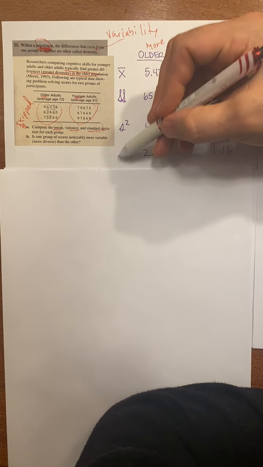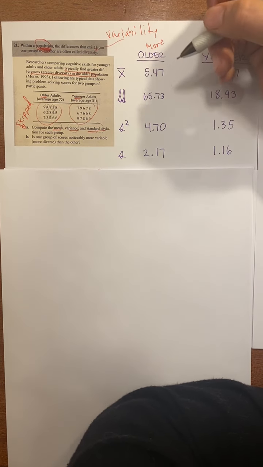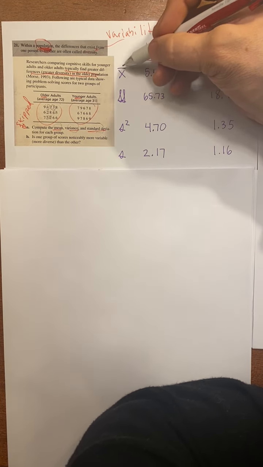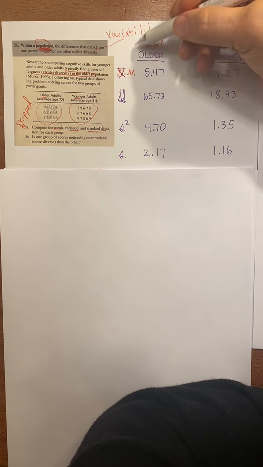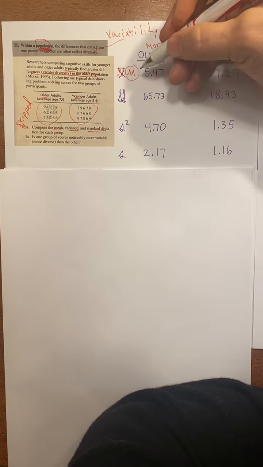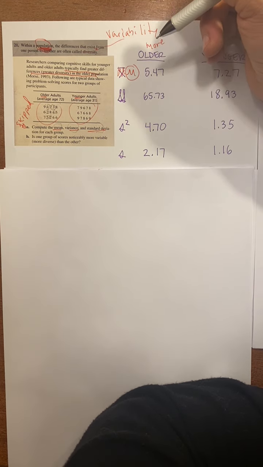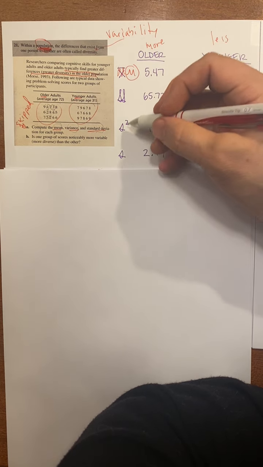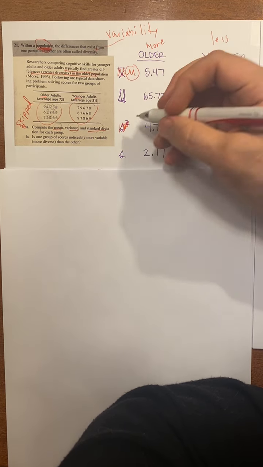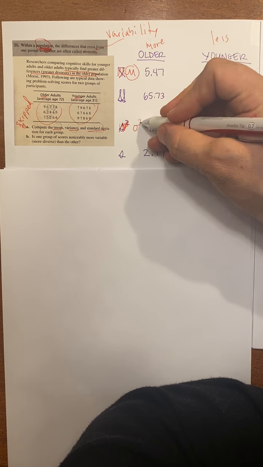I am using incorrect terms here, right? These are all sample terms. Instead of X bar, what I should have written down here is mu, mu for population mean as opposed to sample mean. Instead of having this lowercase s squared here, what I should have there is lowercase sigma squared.